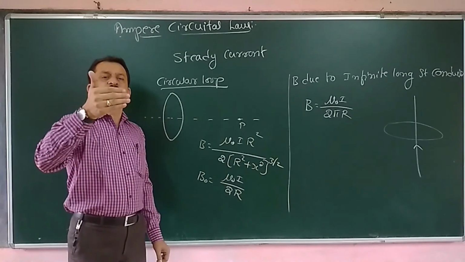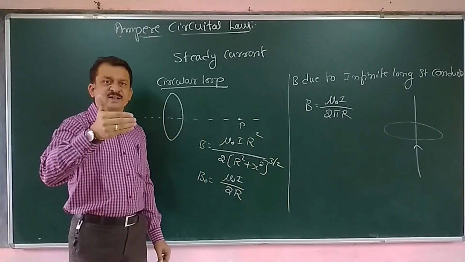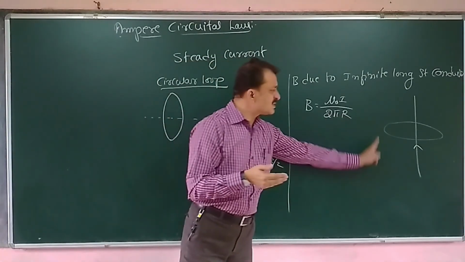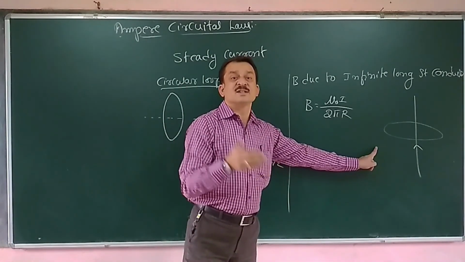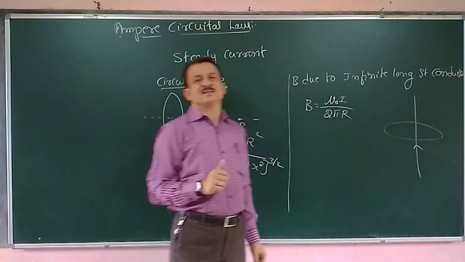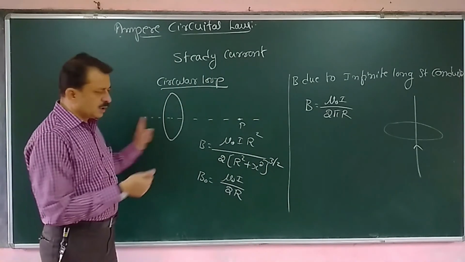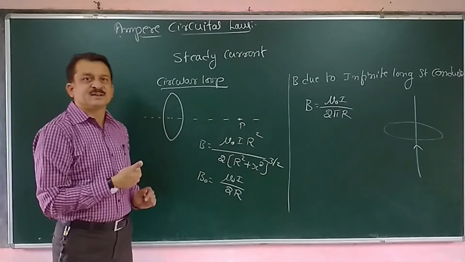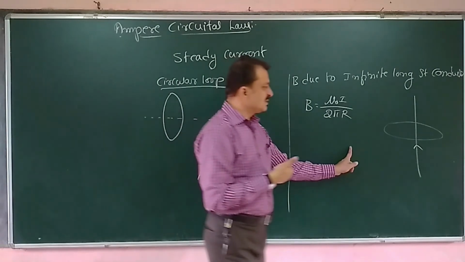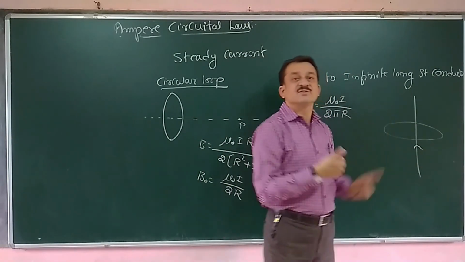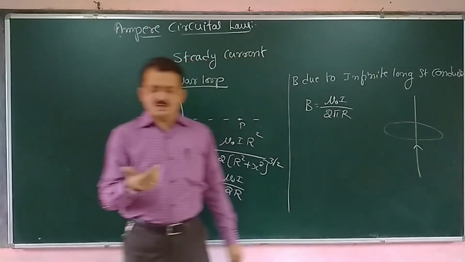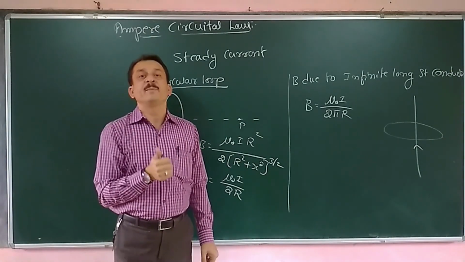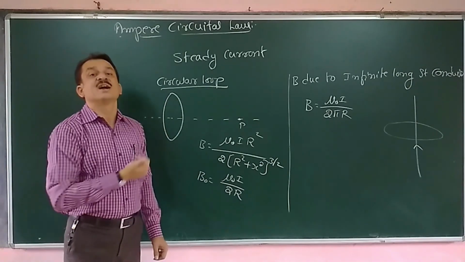Here these four fingers represent the direction of the current. The same four fingers in this case represent the direction of the magnetic field. Now here the thumb represents the direction of the magnetic field, whereas in this case the thumb represents the direction of the current. That means these set of fingers can be interchanged depending on the nature of the conductor.